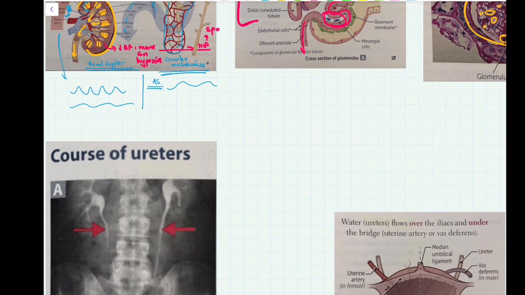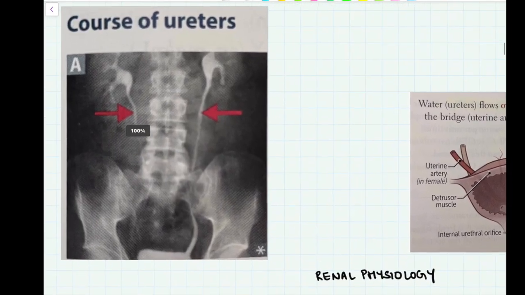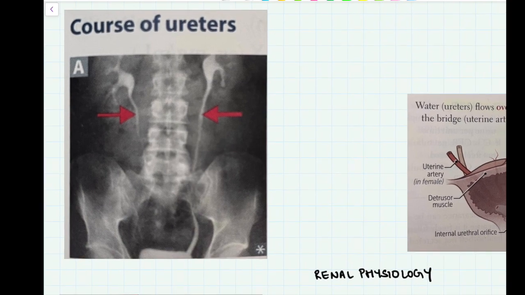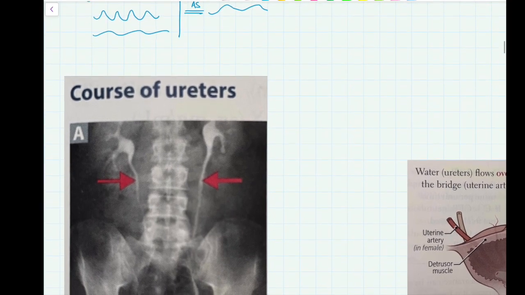Before that, let us look at the course of the ureter. So what happens is that the glomerulus and the Bowman's cup are responsible for the filtration of urine. The urine then reaches the proximal convoluted tubule, after which it goes to the thin descending loop of Henle, and finally the thick ascending loop.